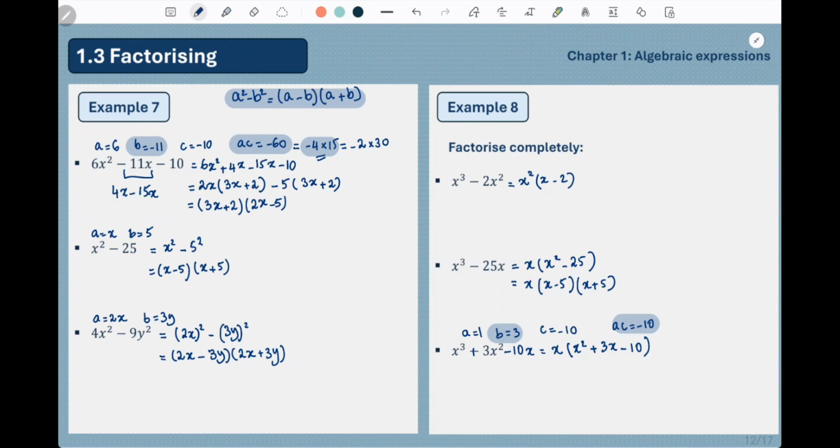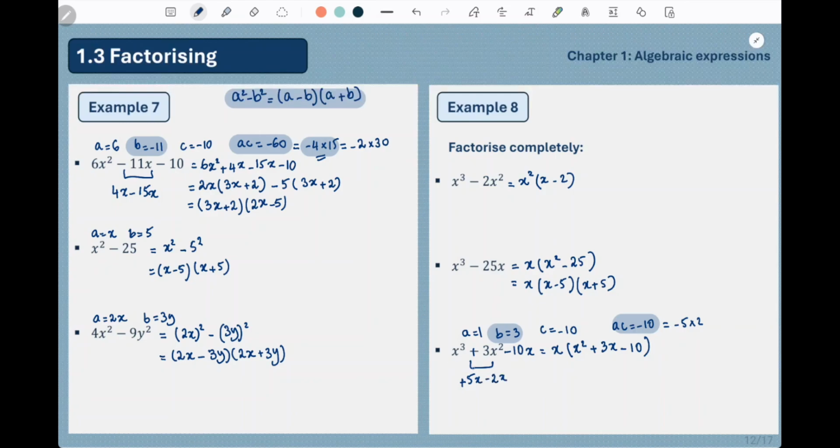So two numbers that you multiply together and it gives you minus 10. I can think of minus 5 times 2. What about adding them together? Minus 5 plus 2 is minus 3. Maybe the opposite will work. So I will do plus 5x minus 2x.